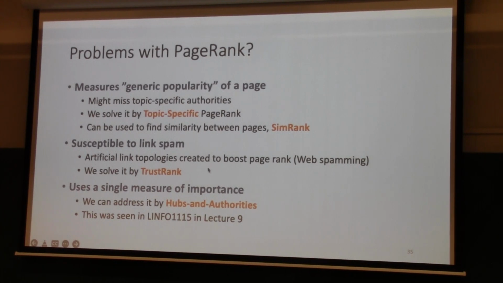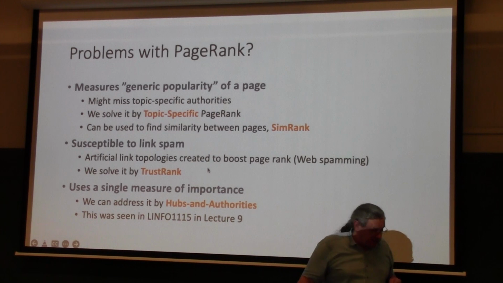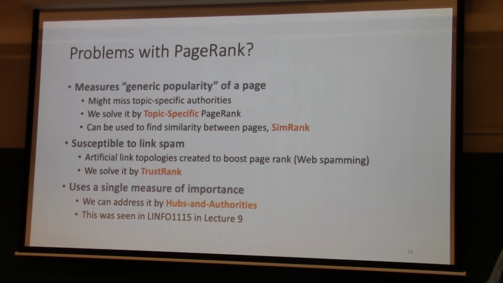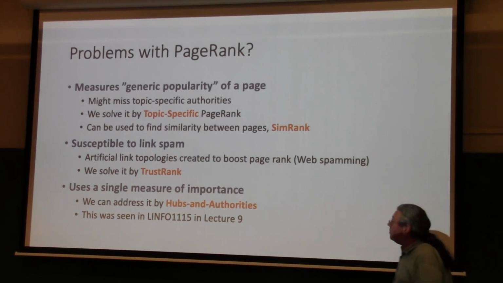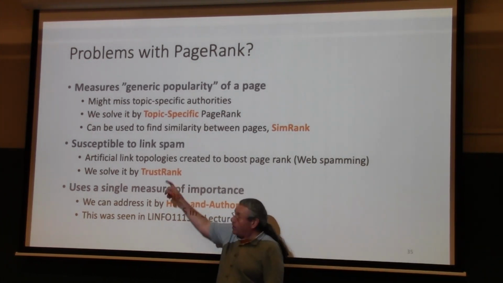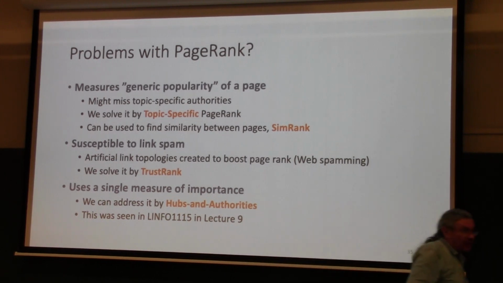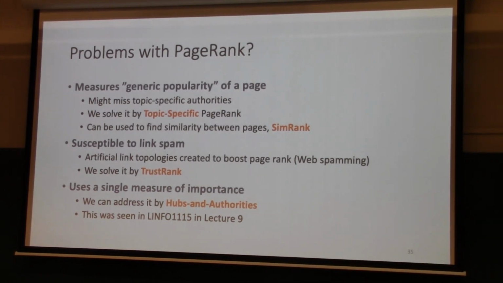Another problem is spam. It's possible to spam or to cheat on the PageRank, and this is called web spamming, and you can do things like link farms, and there's a way around that. You have to somehow know what are trusted pages. So there's an algorithm called TrustRank.